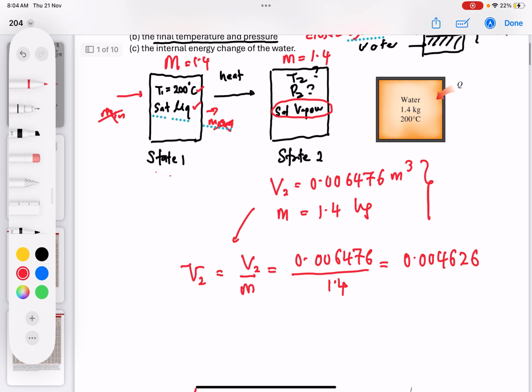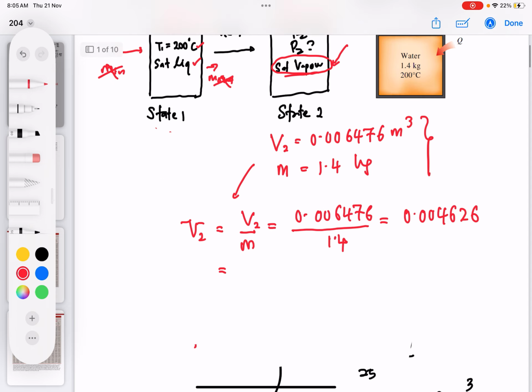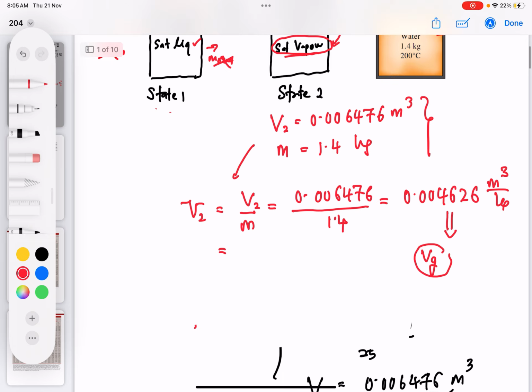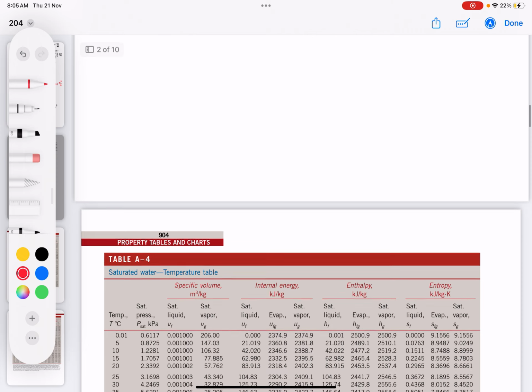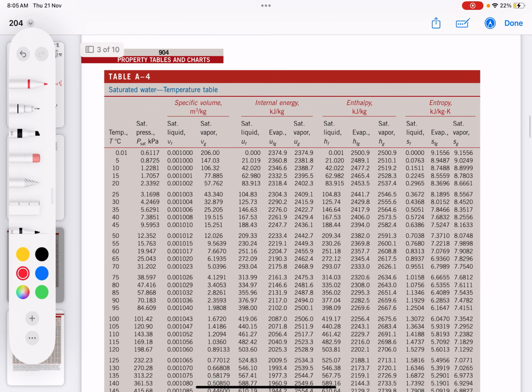But if you notice, it's given in the question that state 2 is actually saturated vapor. So my VF here, which equals this value, is actually equal to my VG. So I need to find the value of VG, which is 0.004626.